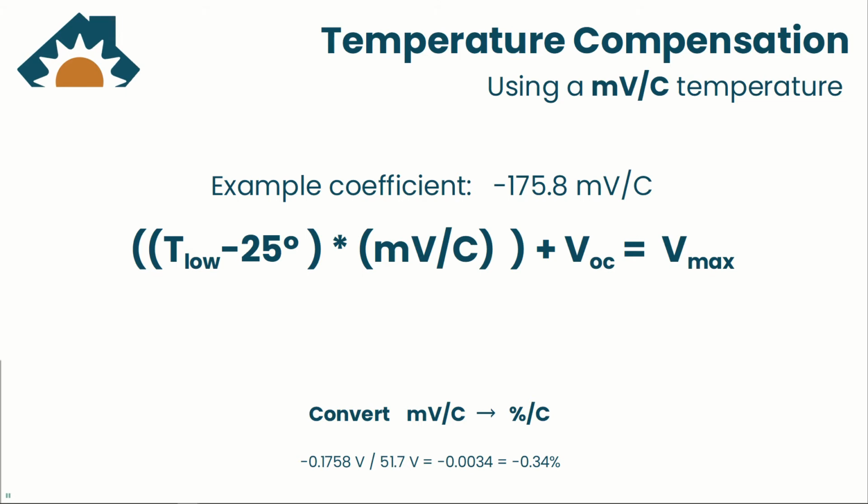So in this example, we have a negative 175.8 millivolts per Celsius. At the bottom, we take that to volts per Celsius, so it's negative 0.1758, and we just divide by the voltage, and that gives you percent. In this case, this would be the coefficient for VOC and then the voltage for VOC.